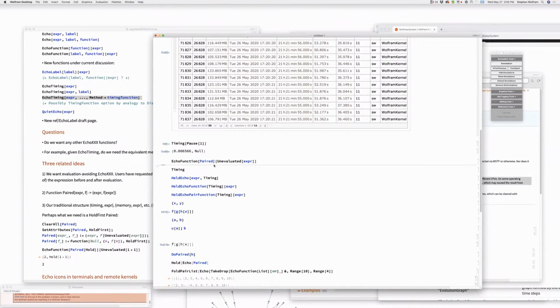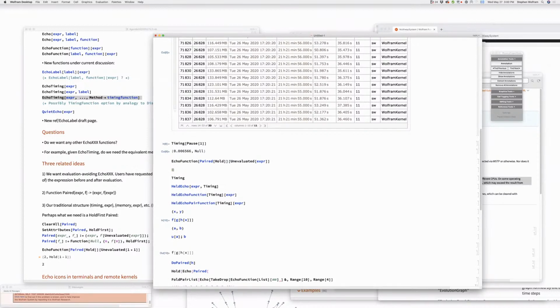You need to have paired of something. Right. Paired of a function. And so we are going to print expr and f of expr. Yeah, I understand. This is really complicated and weird. So that's going to be in the opposite order. It's going to be the expr result, and then it's going to be hold of input, right? Yeah.